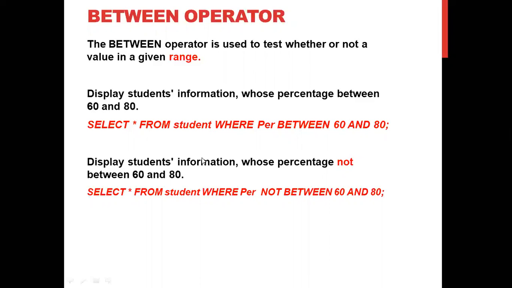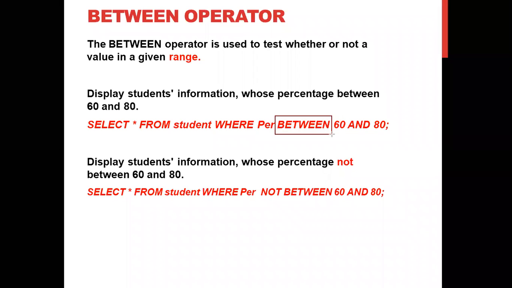If we want employees whose age is greater than 40 but less than 60, if this type of range is given, then we are using the BETWEEN operator.